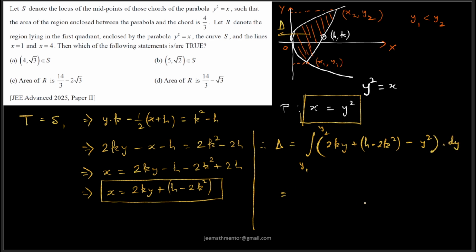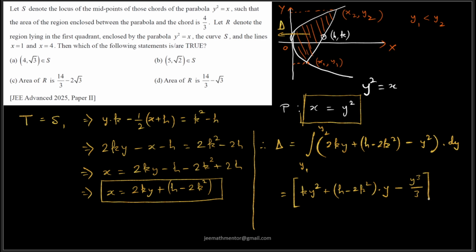Solving and simplifying, we get integration of 2ky, 2k times y squared by 2, 2 gets cancelled, so this is ky squared, plus h minus 2k squared comes outside, integration dy is y, minus integration y squared would be y cubed by 3.